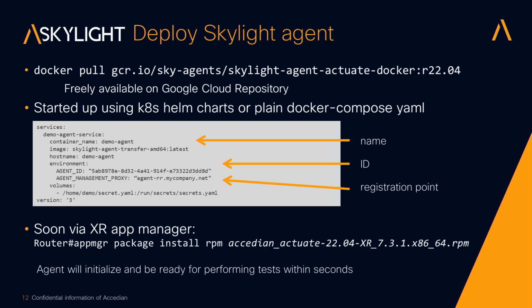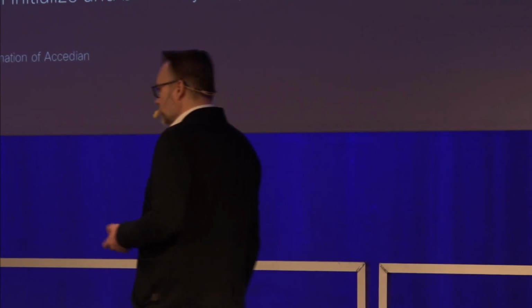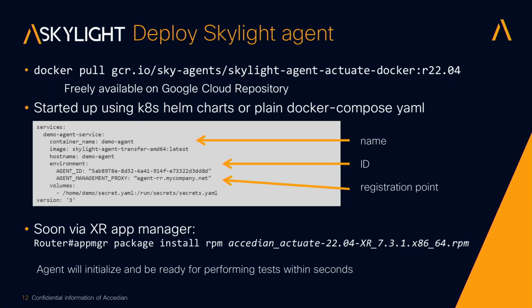In this case, we call it the management proxy. This is where the agent goes and registers once it wakes up. And no configuration at all is stored within the agent. It's a stateless function. So that helps when you do automation, because you can just deploy it and it will then register and get its configuration from the orchestration layer.